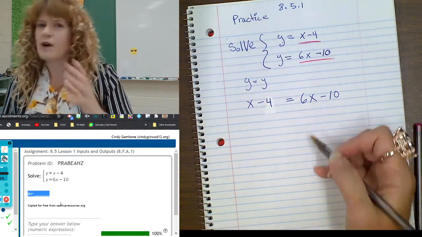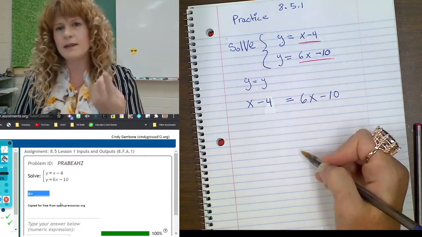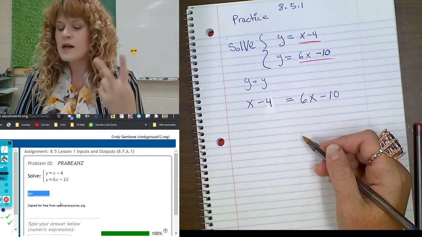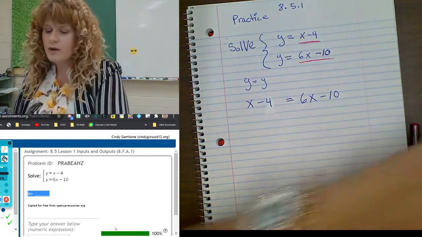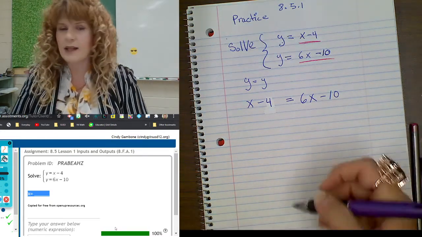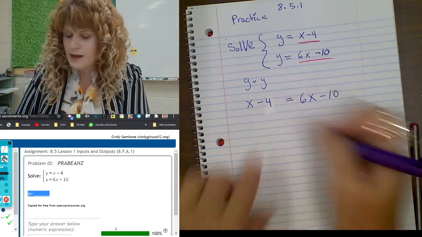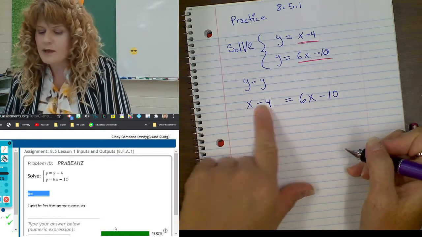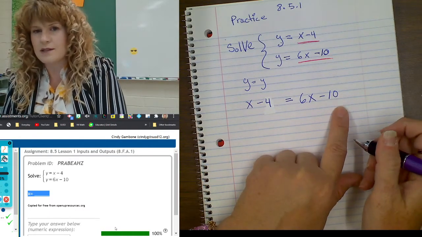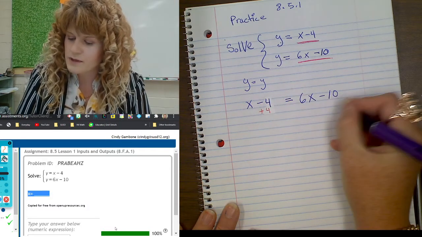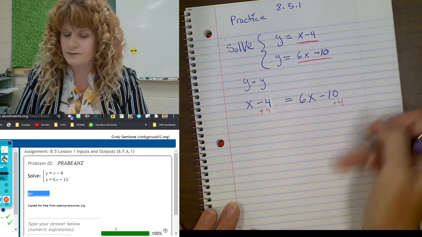Now, solve for x. Step 1, eliminate parentheses. We don't have parentheses. Step 2, combine like terms. We're getting pretty good at this, so we can combine like terms in one step. Let me show you how. We have a negative 4 on this side. I want to combine it with the constant term on the other side. So I'm going to add 4 to both sides of the equation.